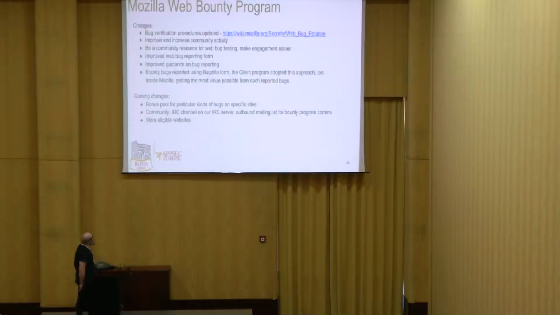So these are some of the changes that we've made. The idea driving it really is that bounty hunters really shouldn't have to search hard for information about the sites that we want them to test. So we have a really explicit list of hosts. We tell them about the kinds of bugs we'd like to find, and we provide them links to as much technical information as possible about those sites to make their job easier, and also because, like I said, we're competing for their time with lots of other things.